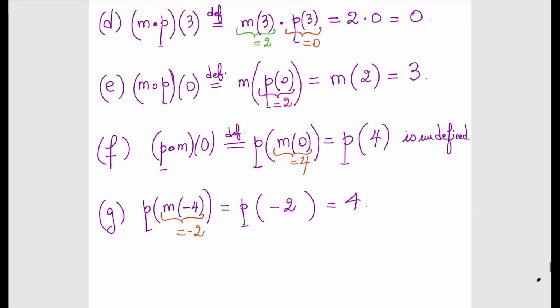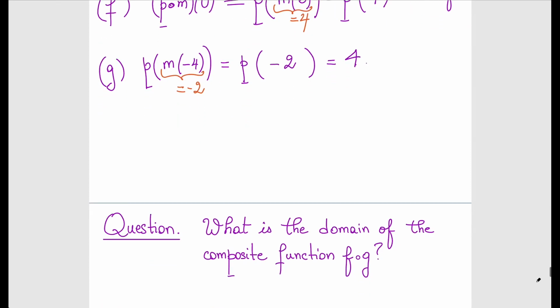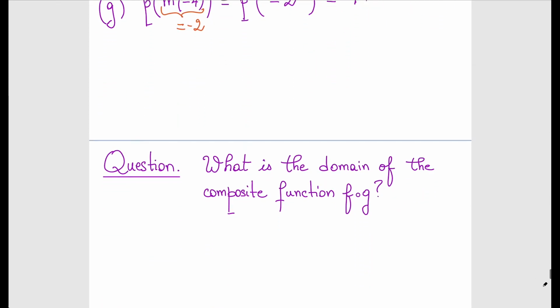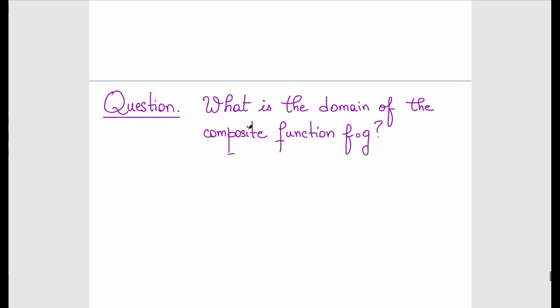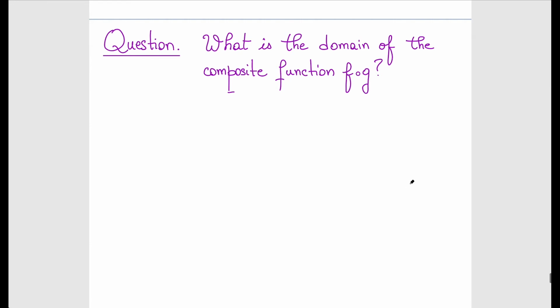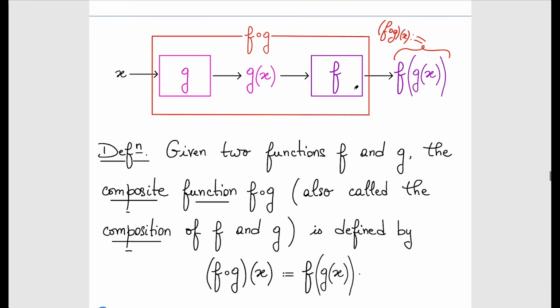Let's now move to the last concept in this section, and let's ask the following question: what is the domain of a composite function f composed with g? So recall the diagram, right? The graphical way how a composite function operates on this picture here.